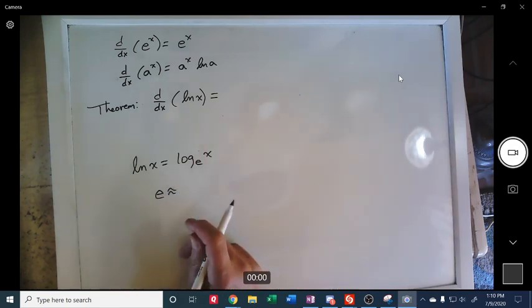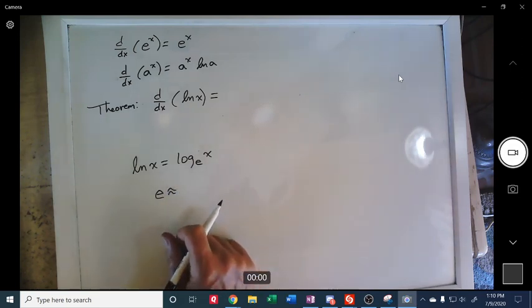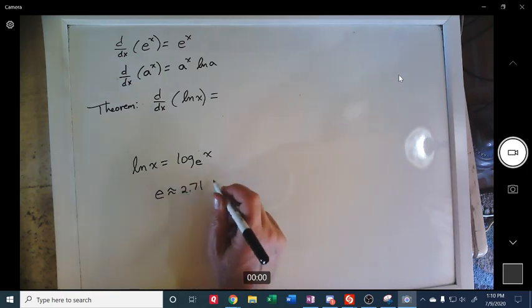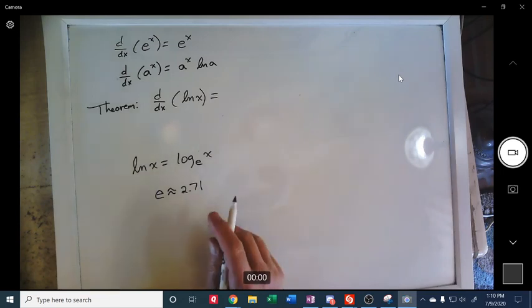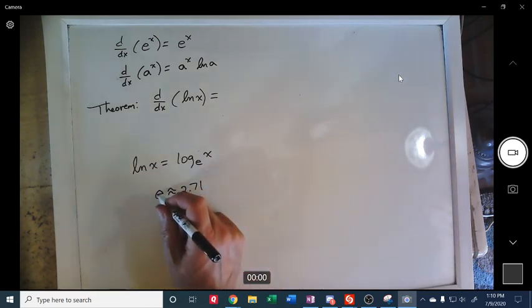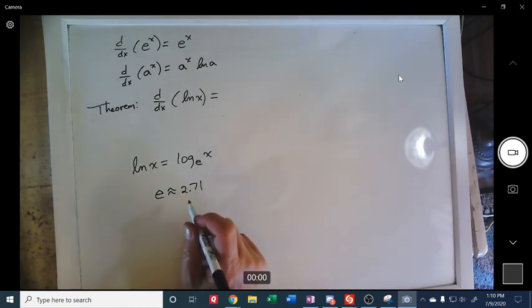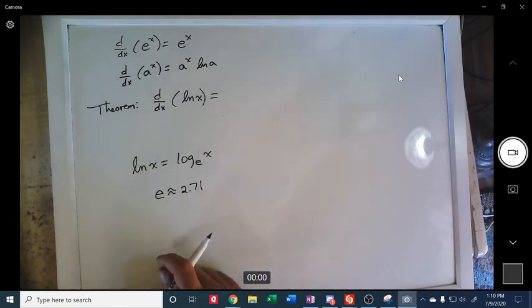Does anybody remember the approximate size of e? 2.71. 2.71828 if you wanted to keep going. It's the second most popular irrational number after pi. And so a lot of people have memorized a lot of digits of this, just the same thing as with pi.